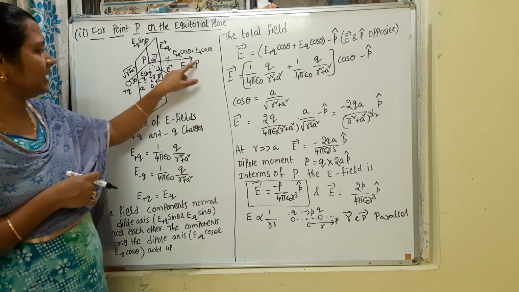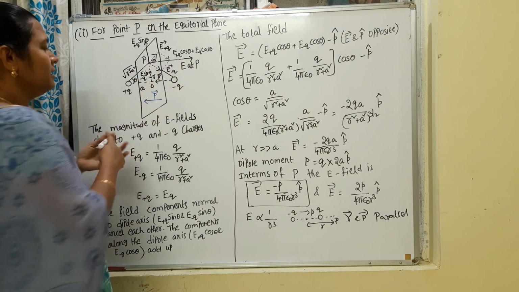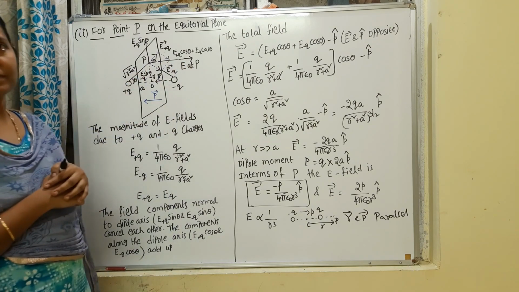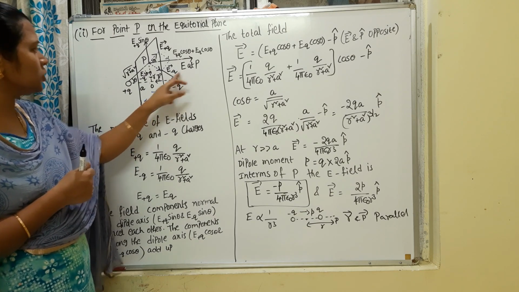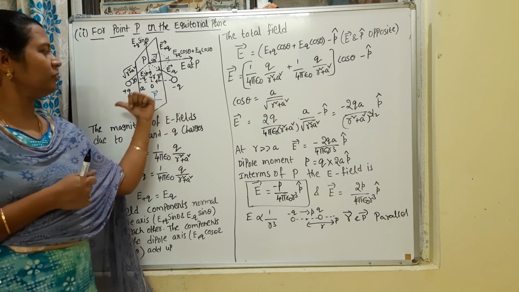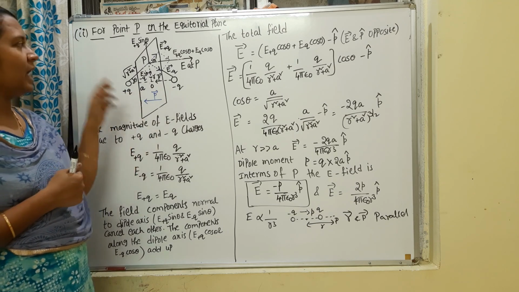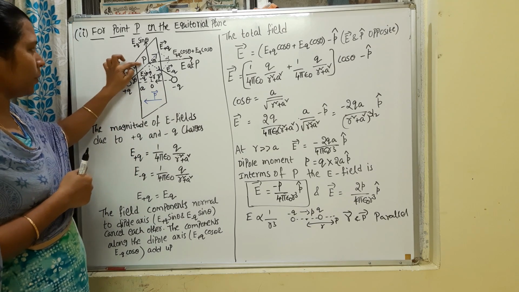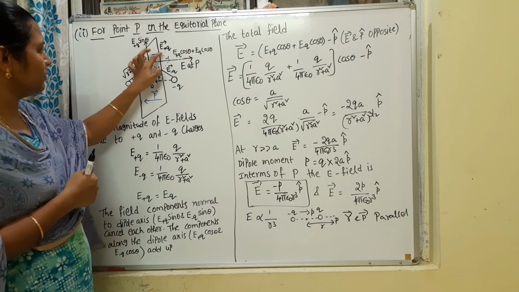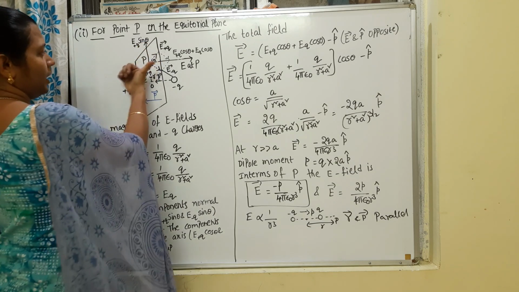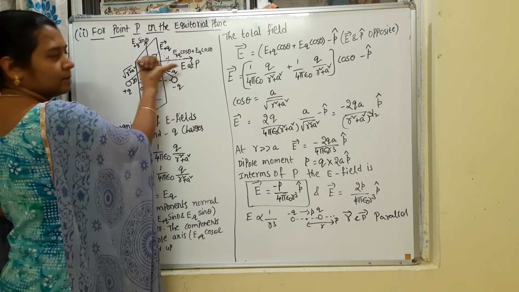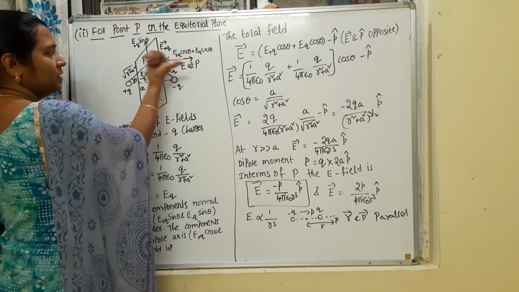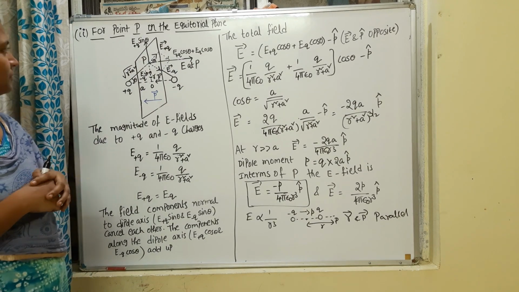So the resultant electric field is in the right side direction, and this resultant electric field is opposite to the direction of the dipole. The direction of the dipole is in the left side direction, and the resultant electric field at point P due to these fields is along the dipole axis and acting in the right side direction. Right.